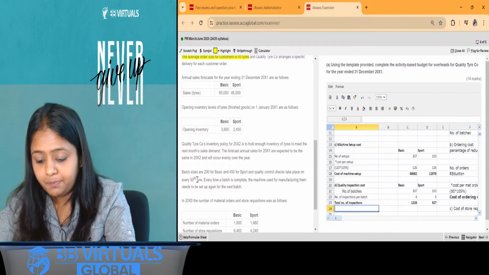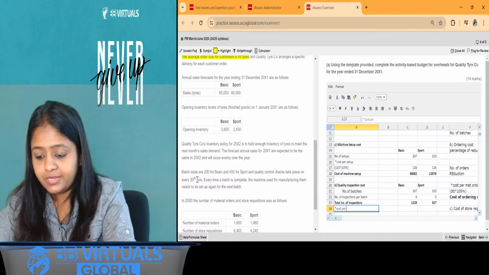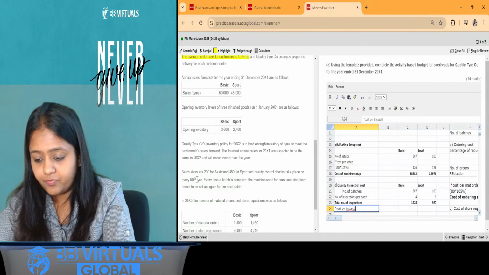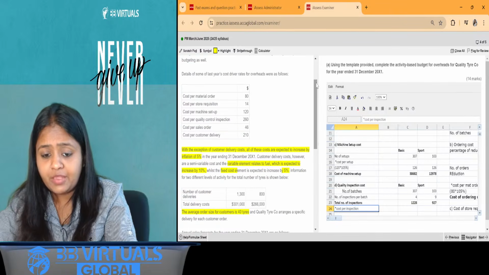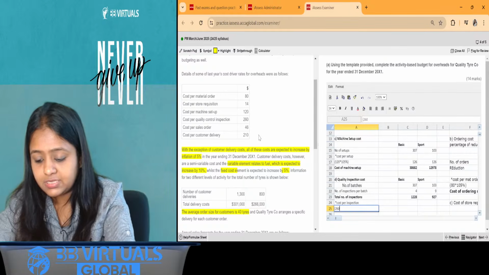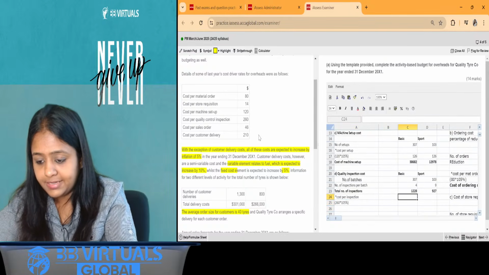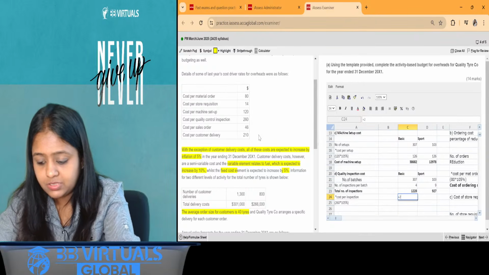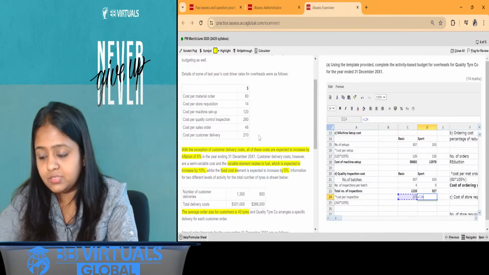Now I will multiply it with cost per inspection. So cost per inspection is, remember you will increase by 5% also. It is 260. So here I will take 260 multiplied by 105%, and here also the same.